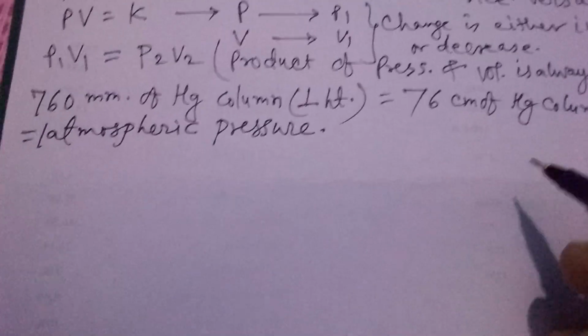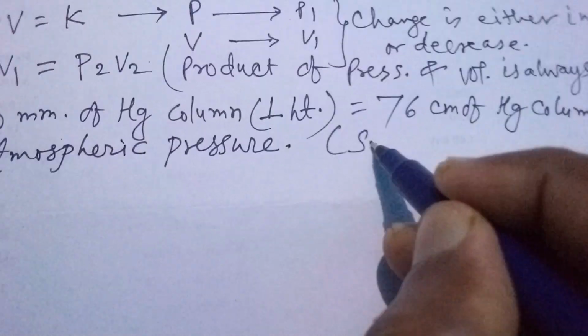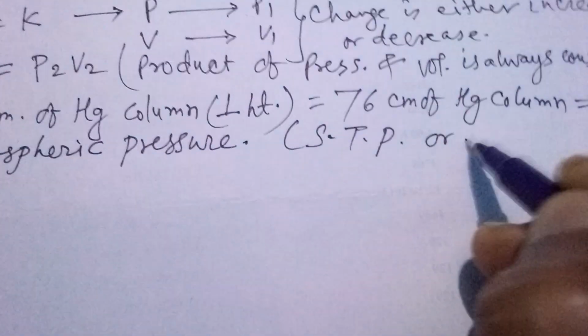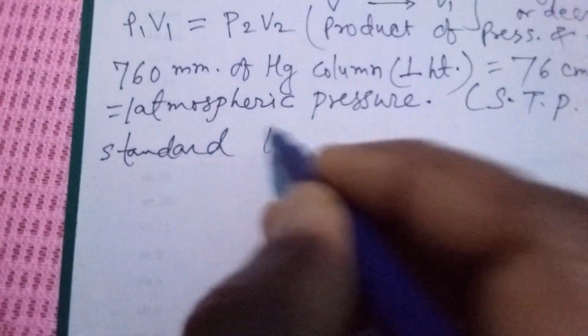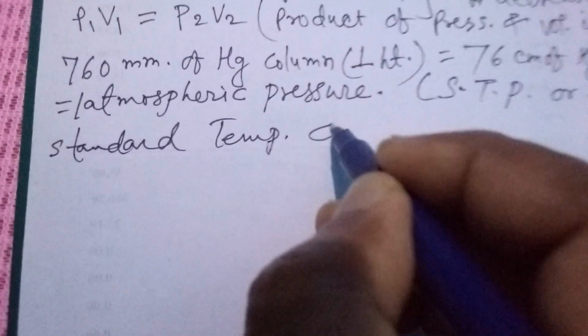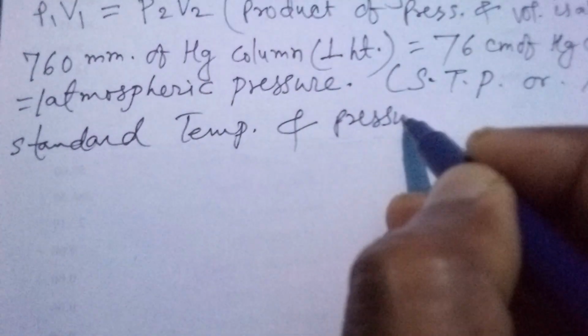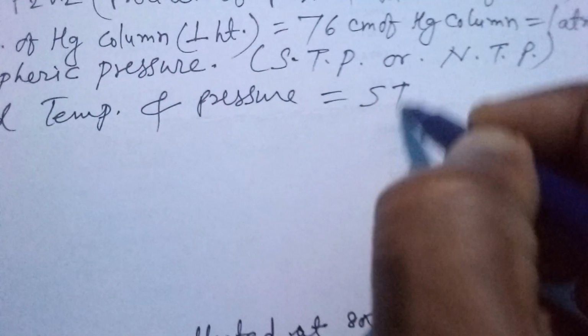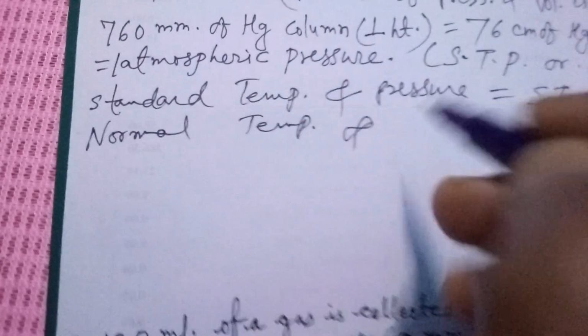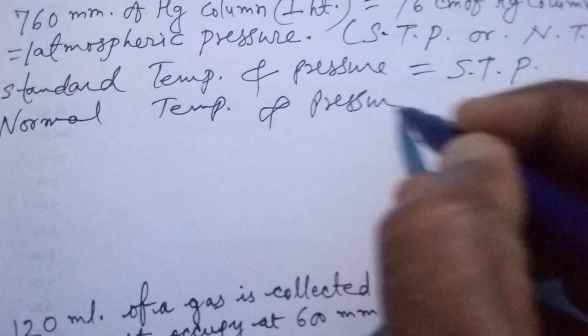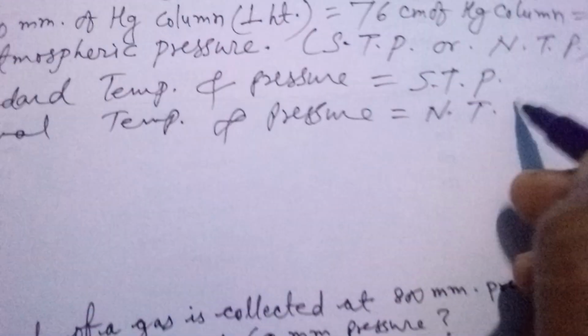and this is used in STP or NTP. What does this mean? Standard temperature and pressure is called STP. And when we say normal temperature and pressure, then this is called NTP.